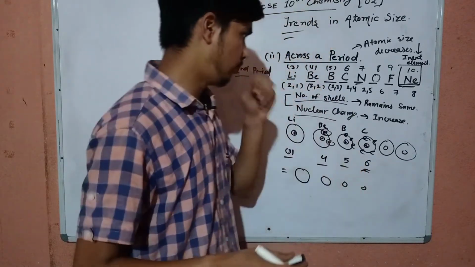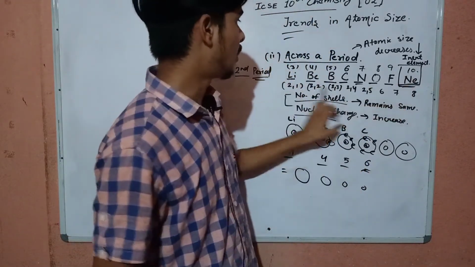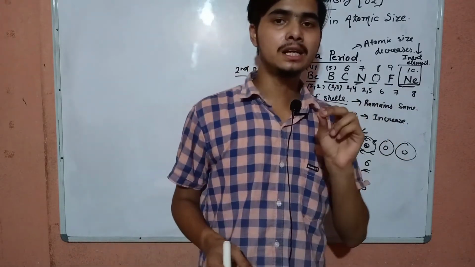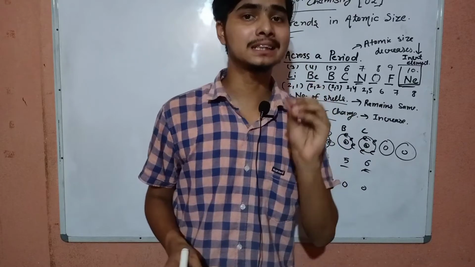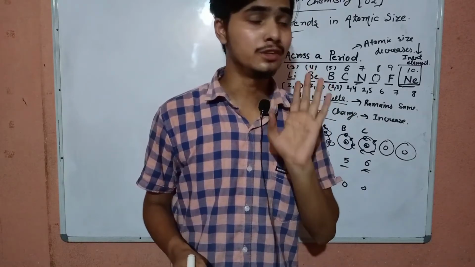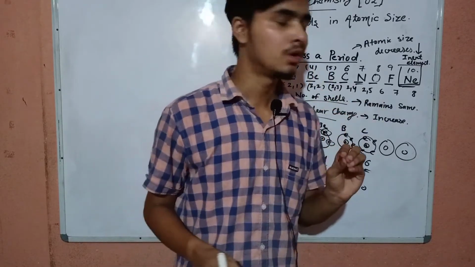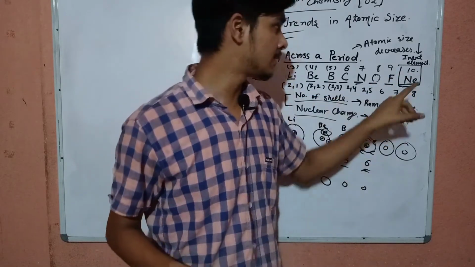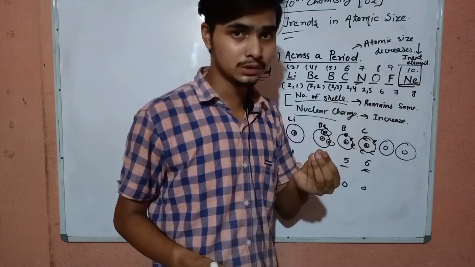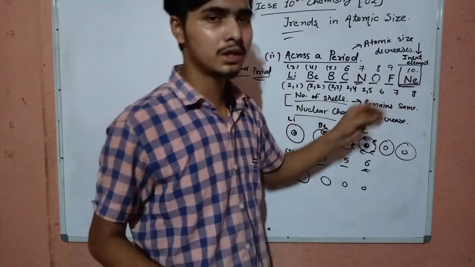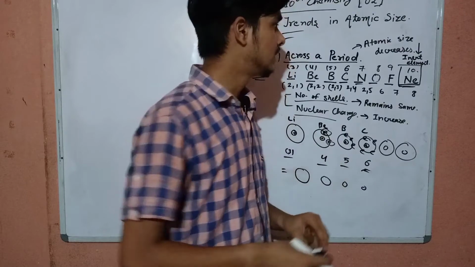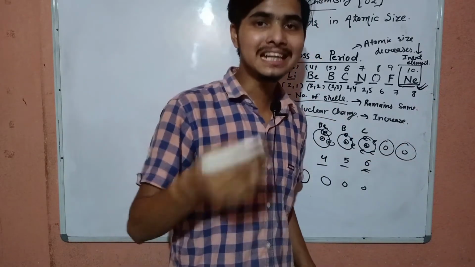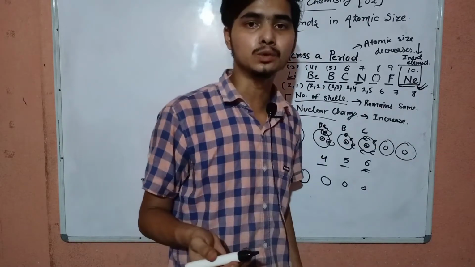The reason is that out of all the elements here, if I tell you which has the maximum number of electrons, obviously this will have, because it has 10 protons, and whatever is the number of protons, that many electrons you have. So if I talk about the number of electrons, then obviously neon will have the maximum number of electrons, that is 10 electrons.